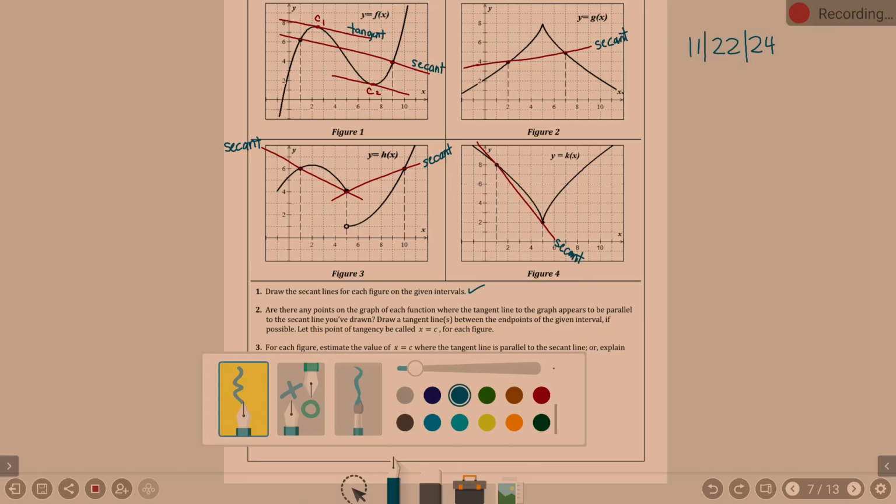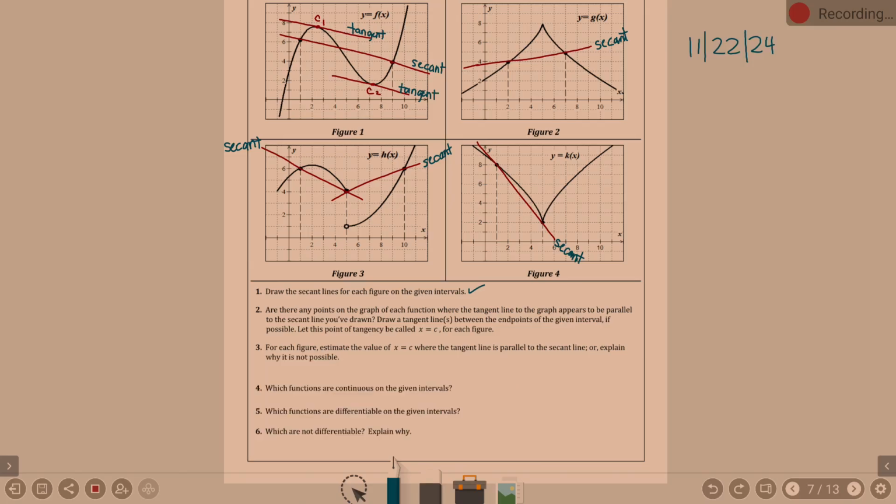That's why I used C1 earlier, because we've got 2 C points on this one. That's our tangent there. Okay, and we're on step 2 right now. That's all step 2 asks us to do: just draw tangent lines, if possible, and label the point x equals c for the point of tangency.